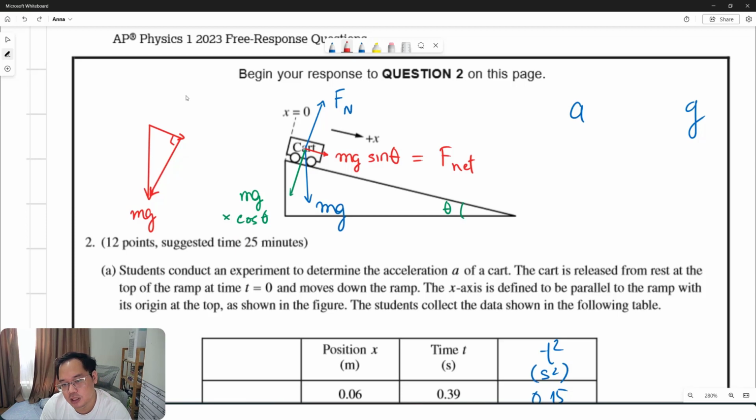So the net force is mg sine theta, and it's equal to ma according to Newton's second law. So we can see that the acceleration A is g times sine theta, because we can simplify m on both sides of this equation. So A equals g times sine theta.